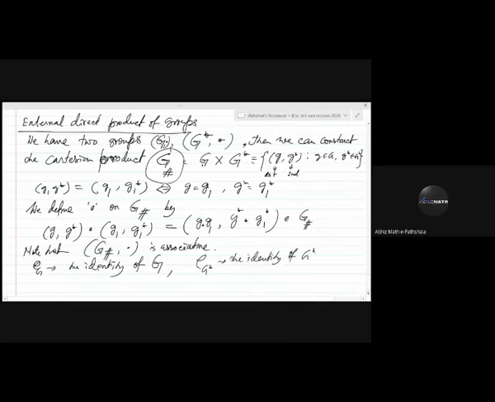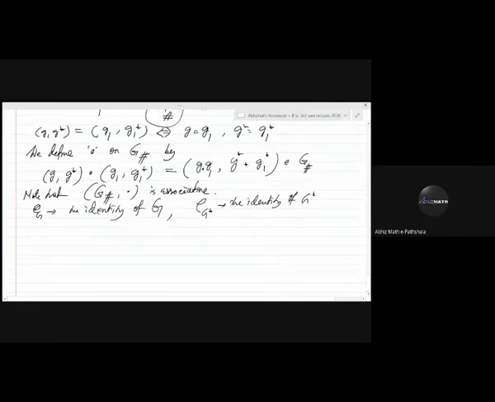And using this identity, you can set up one element EG sharp, where the first position will be EG, and for the second one it is EG star. So you need to check that this EG sharp will satisfy the property of being an identity.